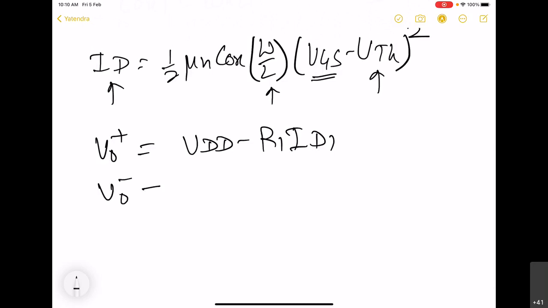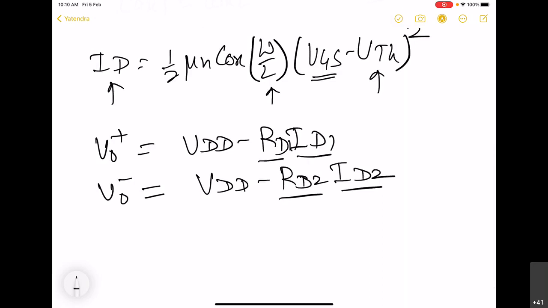Similarly, the other DC will be VDD minus RD2 into ID2. Now here you can see that because ID1, ID2 they are different, RD1, RD2 they are different, these two voltages they are also going to be different.